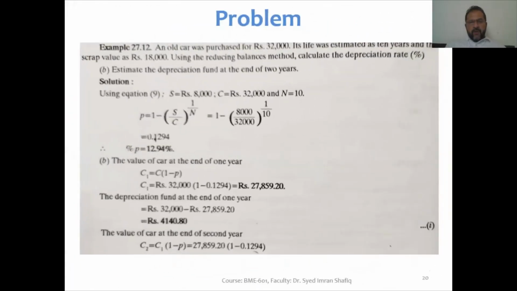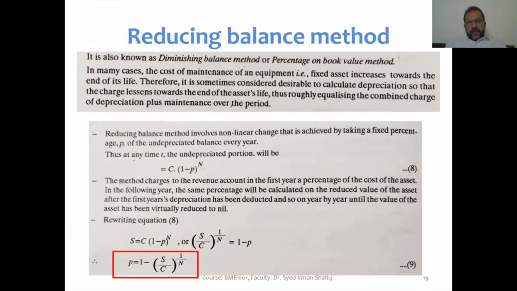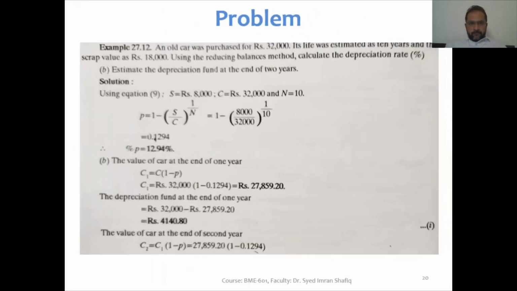So we'll discuss another problem based on the reducing balance method. An old car was purchased for rupees 32,000. Its life was estimated as 10 years and the scrap value is rupees 8,000. Using the reducing balance method, calculate the depreciation rate.